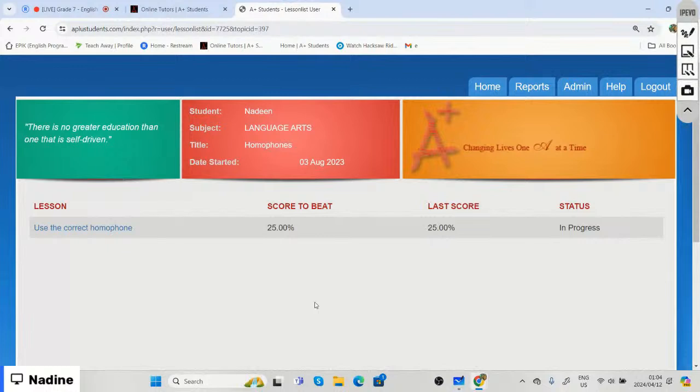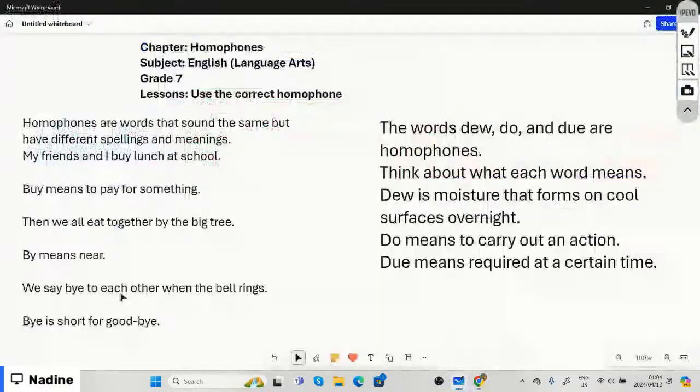All right. So our chapter is homophones. Our subject is English language arts, grade 7.